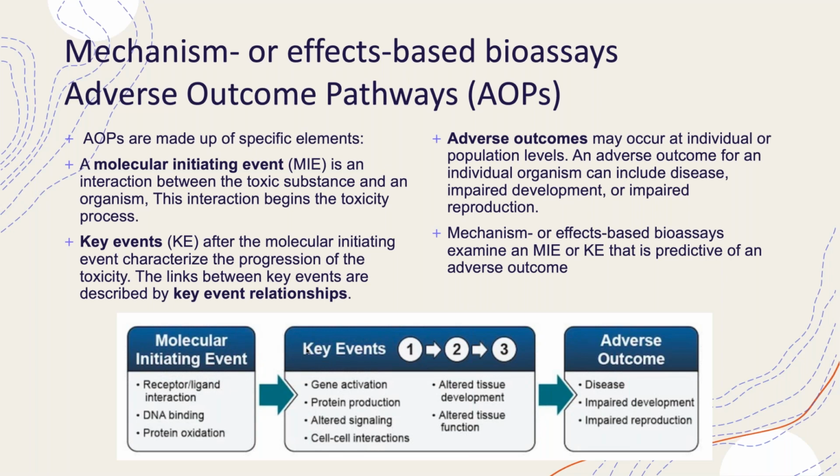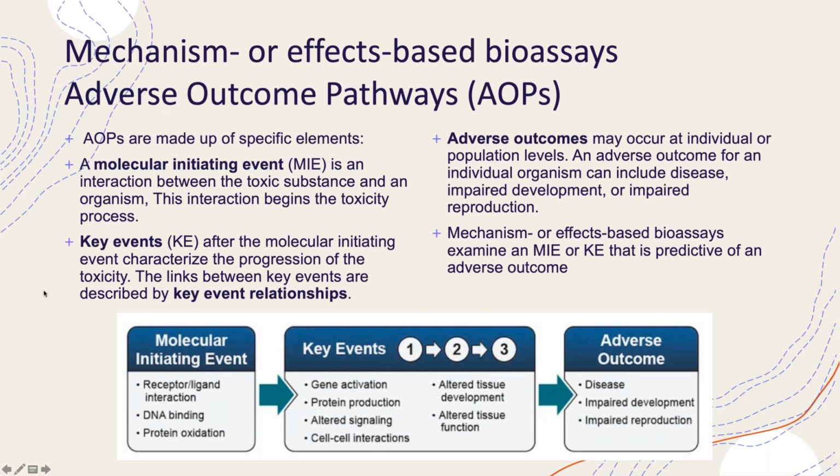And these are called adverse outcome pathways. And these are pathways of known events that have been shown to be associated with an adverse event. So something that is predictive. If this event happens, it's followed by this event that leads to a toxic response.